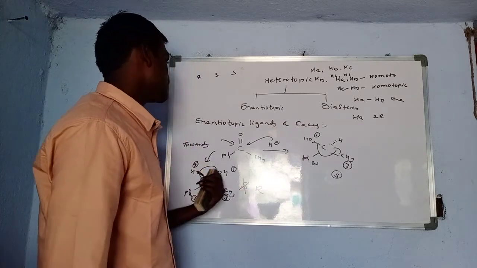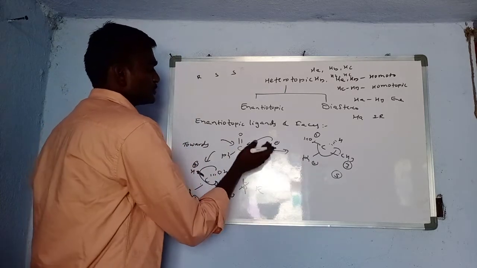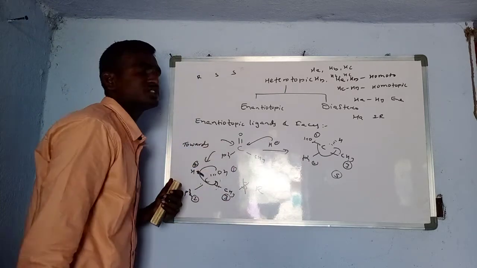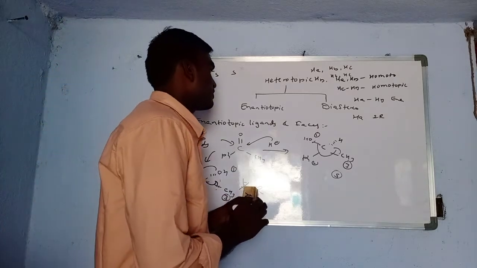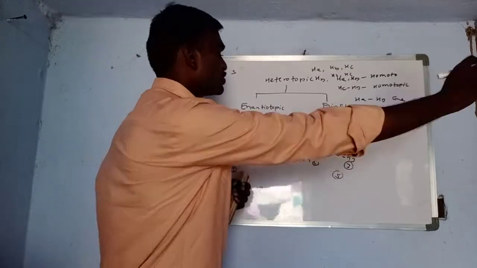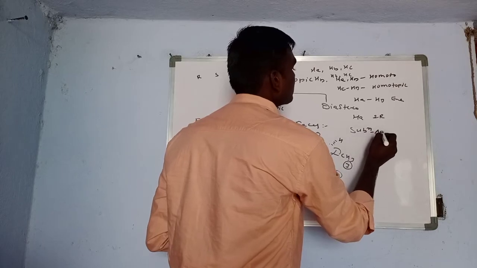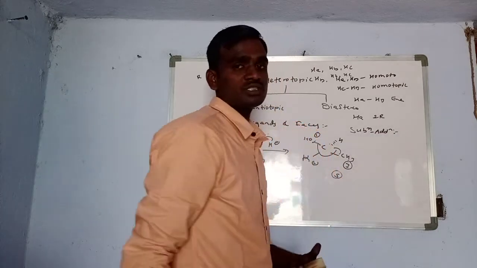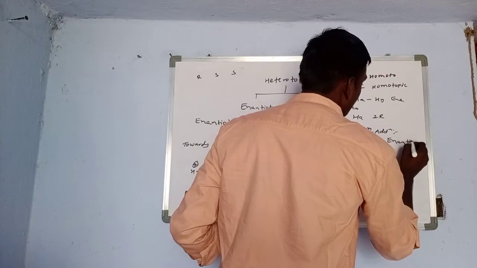That means these two are enantiomers. Whenever enantiomers are produced, the above face and below face are said to be enantiotopic faces. These are the enantiotopic faces and ligands. You should remember for enantiotopic substitution and addition, the criterion is that it produces enantiomers.